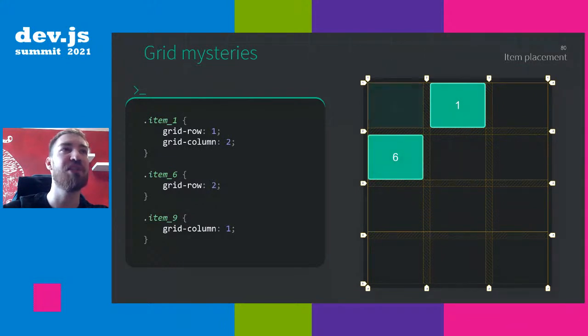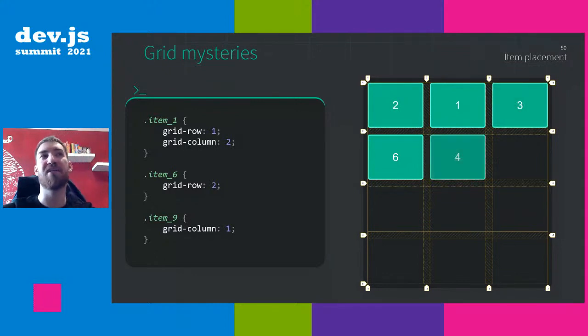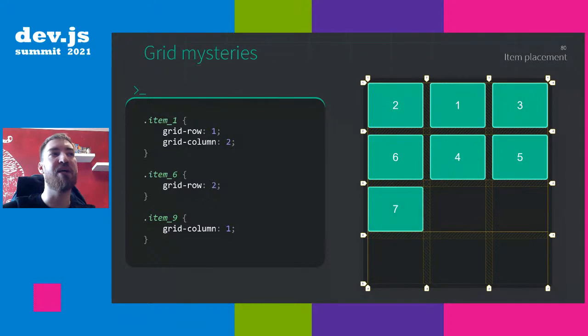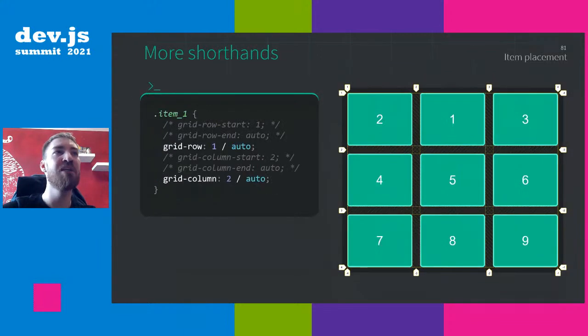Then we have element number 6, because it has the row specified. And then the grid will try to place all the items one by one, going row by row, column by column. And then it gets to item number 9, and it wants to be in column number 1. But this constraint can no longer be satisfied in the same row, so a new row will be created for item number 9.